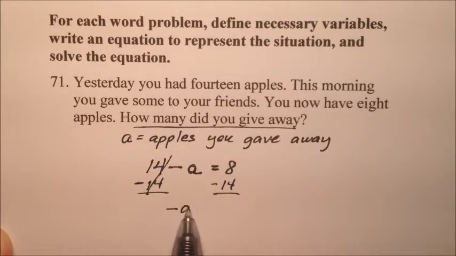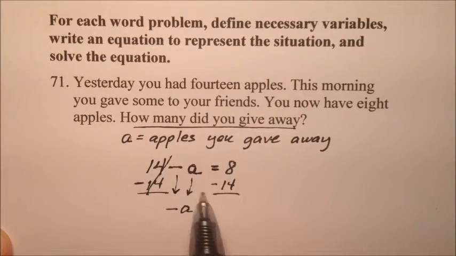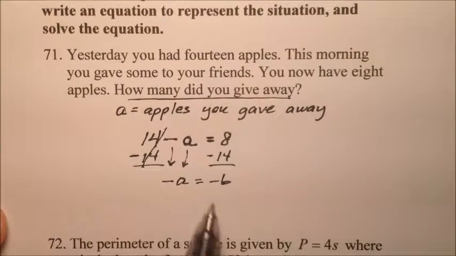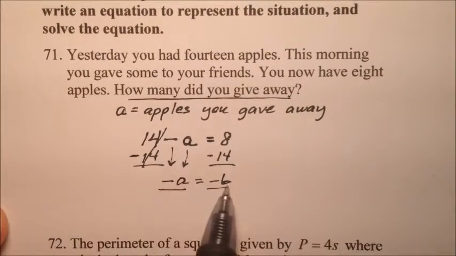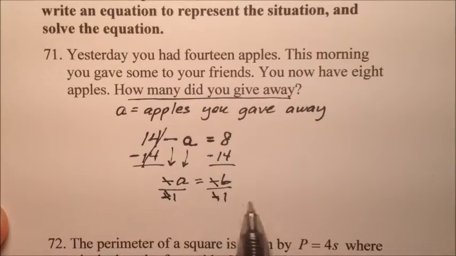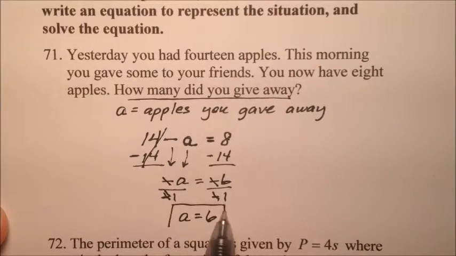Make sure you keep that negative with the A, and both of those come down, and 8 minus 14 is negative 6. But now, since you have negative A equals negative 6, we need to divide both sides by negative 1. That way these negatives will cancel, and you'll see over here on the right side those will cancel as well. So you're going to have A equals 6.